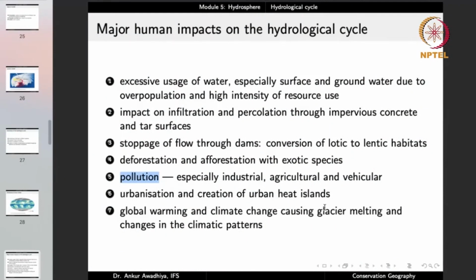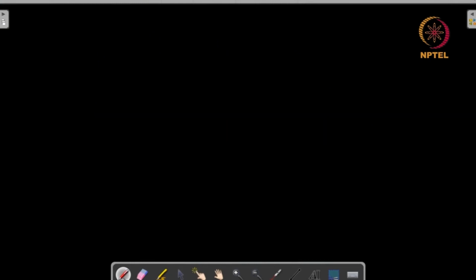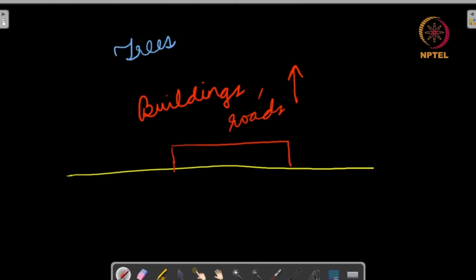Urbanization and creation of urban heat islands. So what is an urban heat island? If you consider a location where in a certain area you have a concentration of buildings and roads, these are large in numbers, but things such as trees or wetlands are less in number.